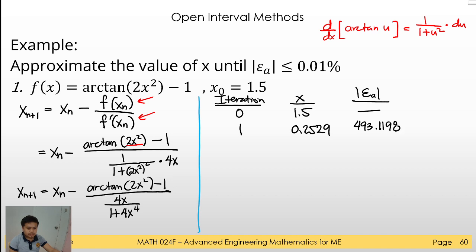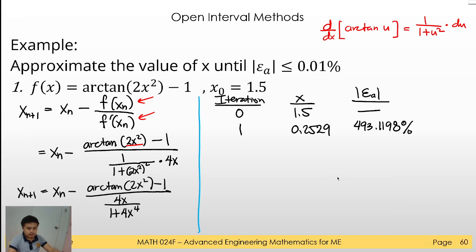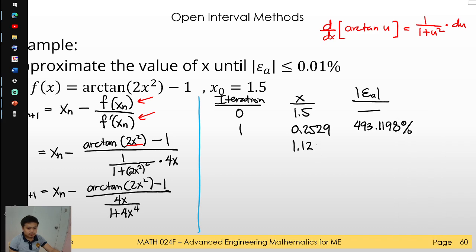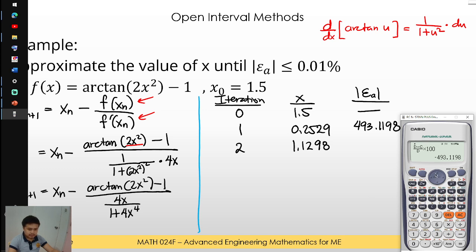This is a very large number. For the next iteration, we substitute again this value, 0.2529, into our iteration function, so this will be 1.1298 for the second iteration.